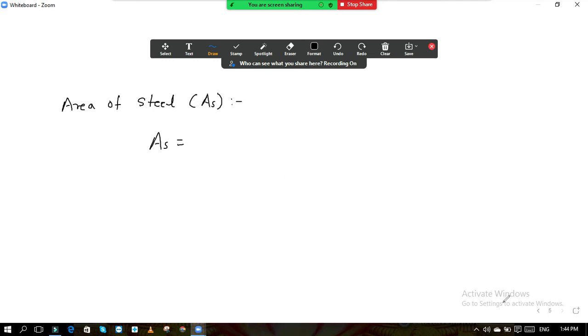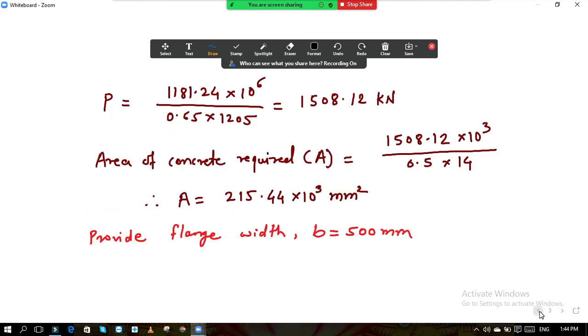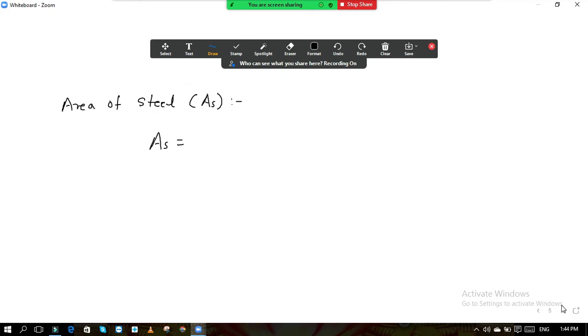What was the value of our prestressing force? 1508.12. So it is 1508.12 into 10 raised to 3 divided by the safe stress in steel.